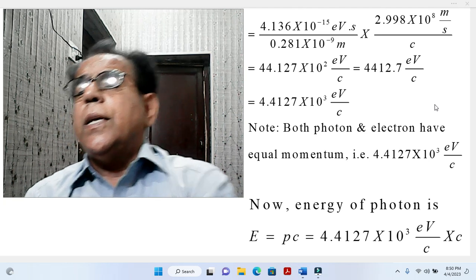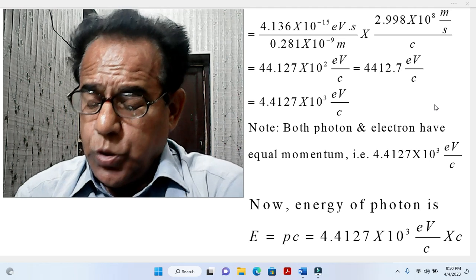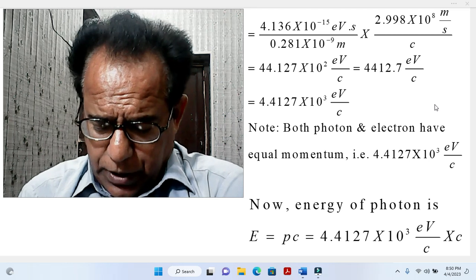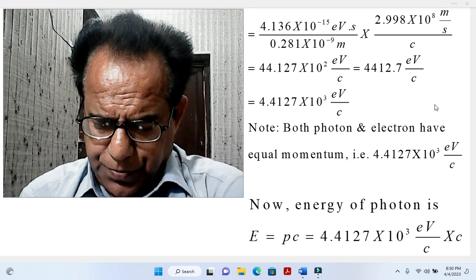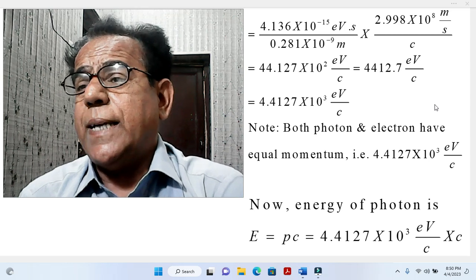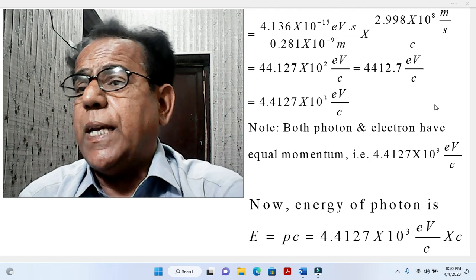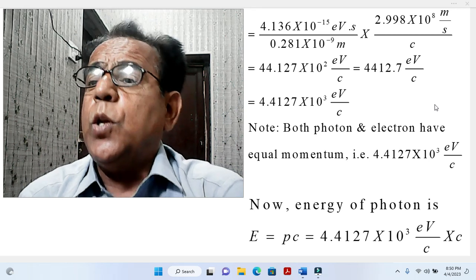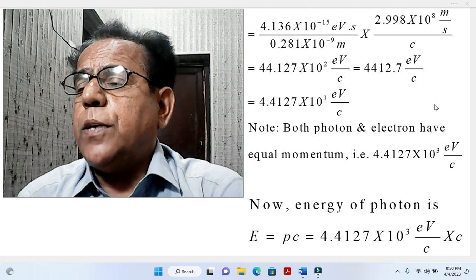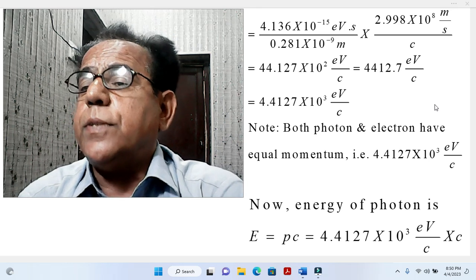So from the statement we can conclude that both photon and electrons have equal momentum, that is 4.4127 into 10 to power 3 electron volt over C.